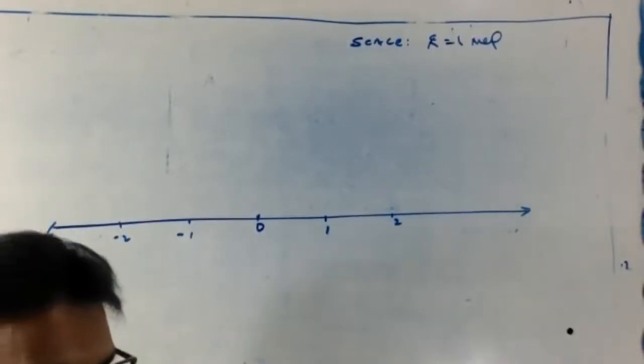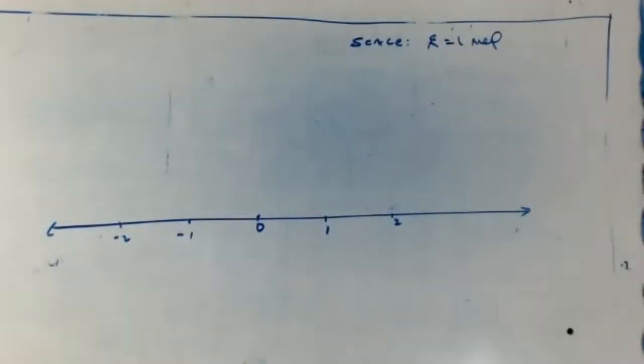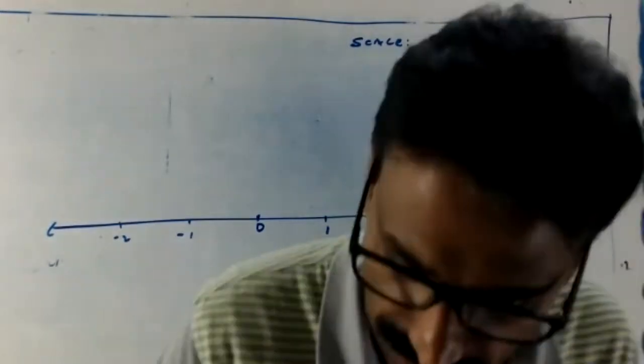Perpendicular here means, look, if you have the protractor, keep your protractor here.